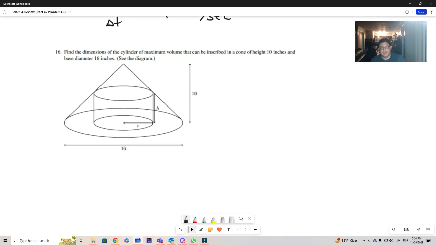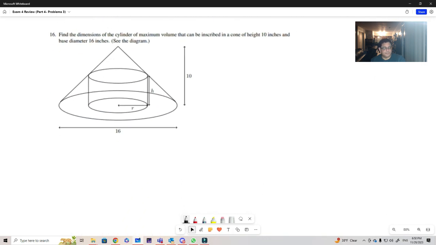Now last, we have a similar scenario, but instead of checking for rate of change, we want to check what happens if we inscribe a cylinder inside of a cone. So we want to find the dimensions of the cylinder of maximum volume that can be inscribed in a cone of height 10 inches and a base of 16 inches.